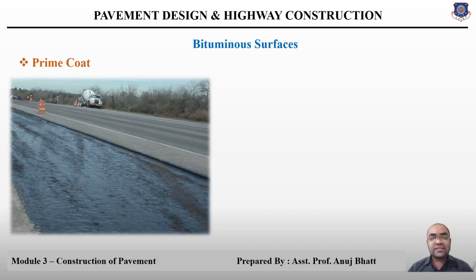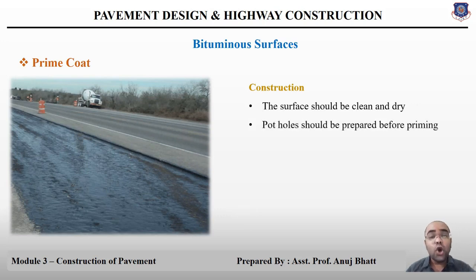Now let's discuss the construction procedure, how we apply the prime coat. First, the surface to be primed should be swept clean and free from dust, and it should be dry. Then large potholes and depressions should be repaired before the priming.